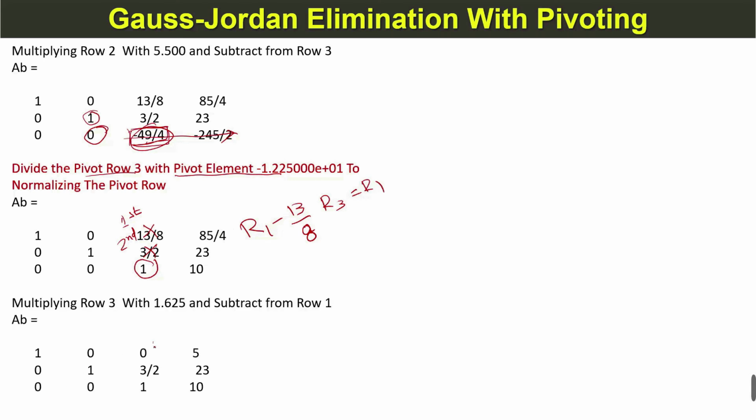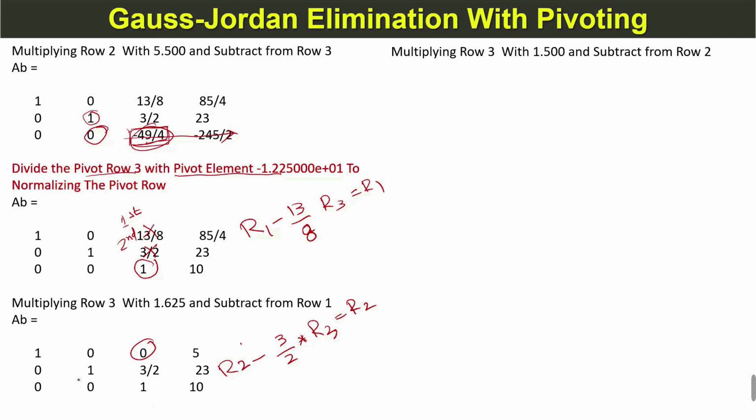So now we can see that this is eliminated. Next we multiply r3 by 3 by 2 and subtract from r2, and this will be equal to r2. So all these terms are eliminated now.